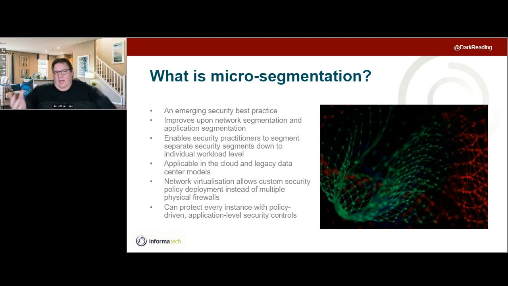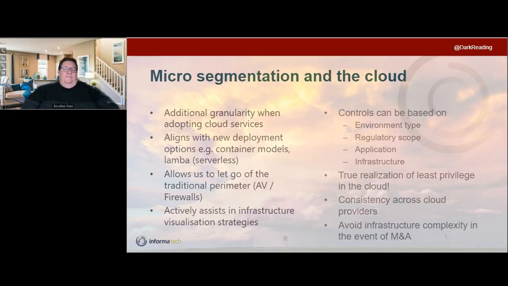So again, microsegmentation helps us move. And we're going to see how that works. And as you say, we can protect every instance with policy-driven application security controls. So let's take a look and see how that works, especially in the cloud.